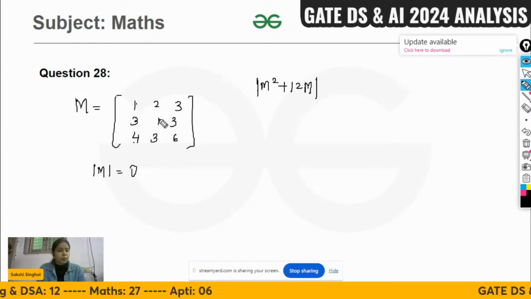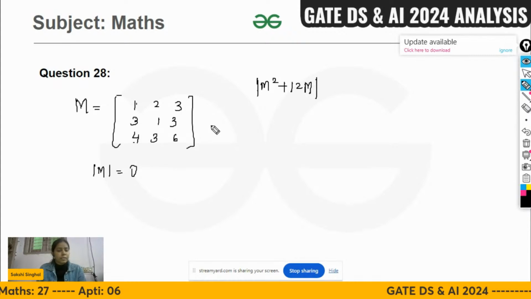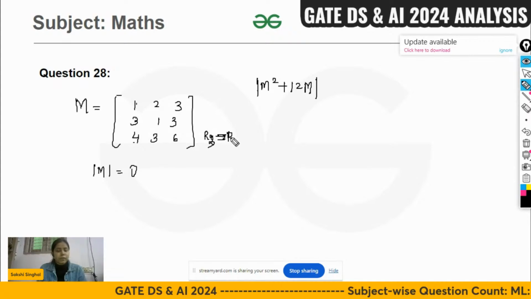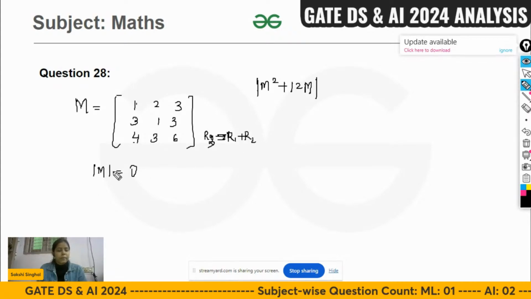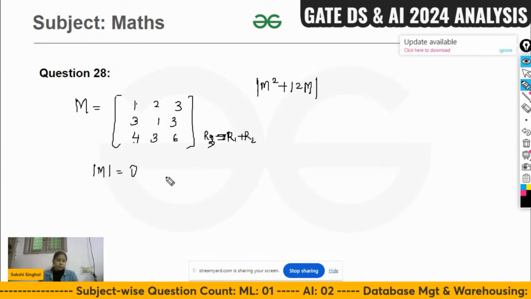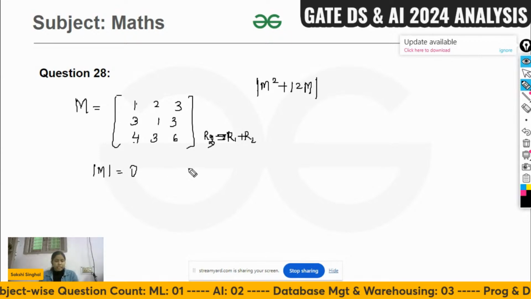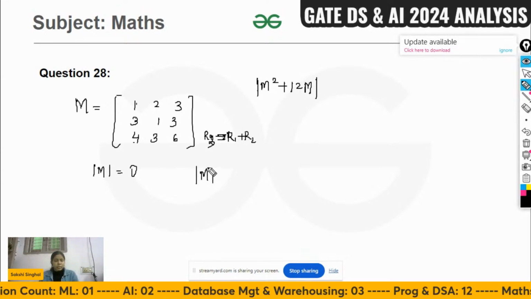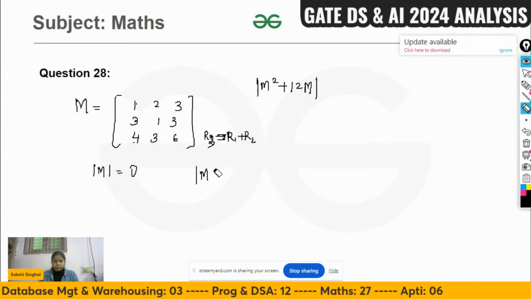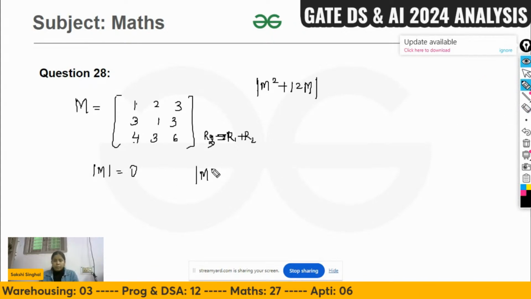Because 3 plus 1 is 4, 2 plus 1 is 3, 3 plus 3 is 6. So R3 is basically equal to R1 plus R2. That's why the determinant of M is 0. So that means the determinant of M square would be 0.